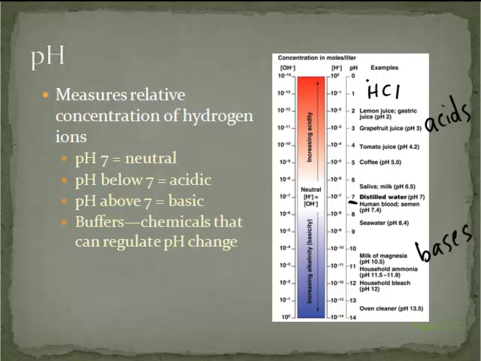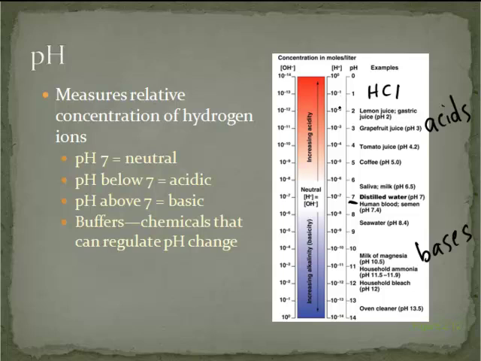Something to point out here is you're going from a pH of 1 to a pH of 2. Notice that the number of hydrogen ions changes by tenfold. So the number of hydrogen ions in a pH of 2 is 10 times less than the number of hydrogen ions in a pH of 1.